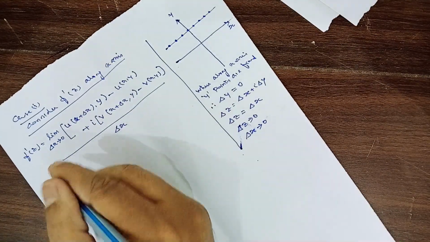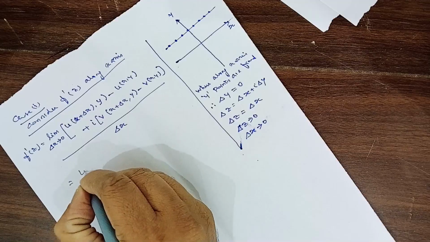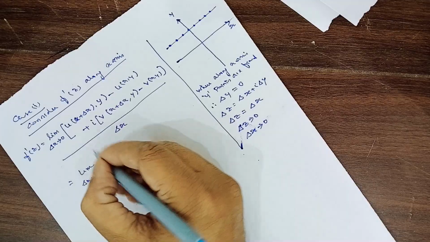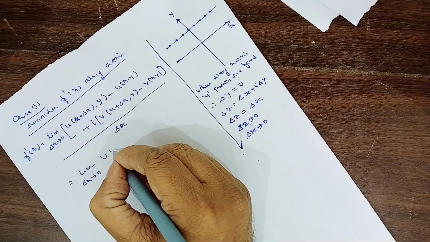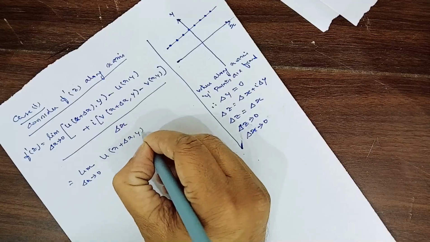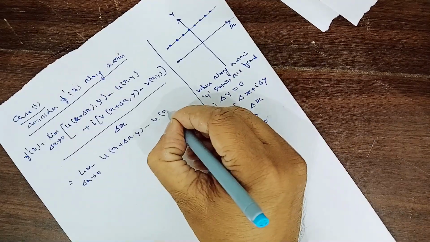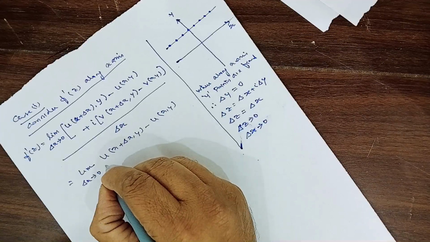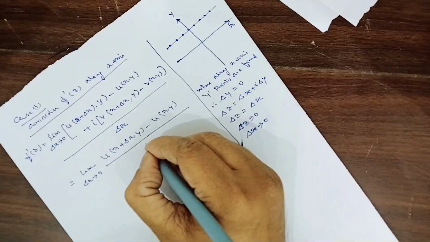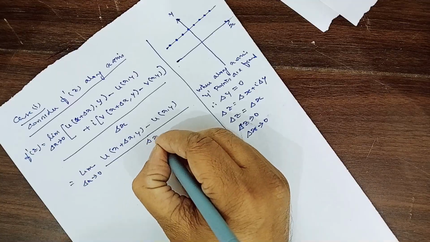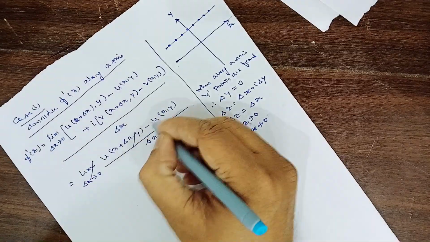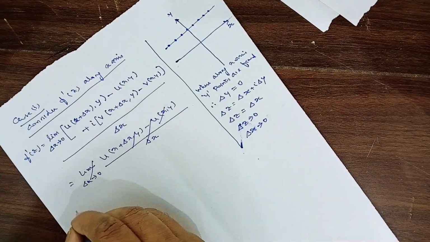Now limit delta x tending to 0, u of x plus delta x comma y minus u of x comma y divided by delta x. Sorry, here the y term is also there. I missed the term.